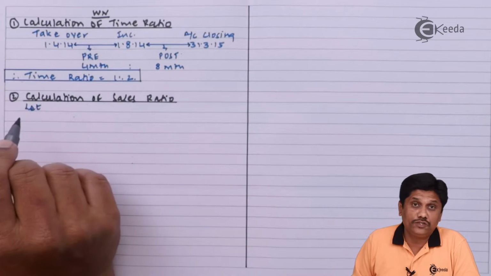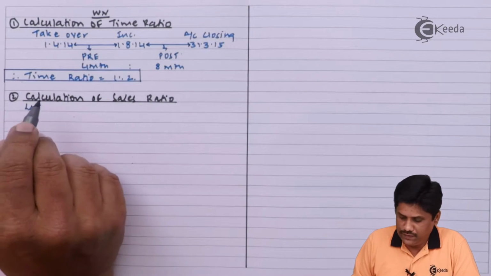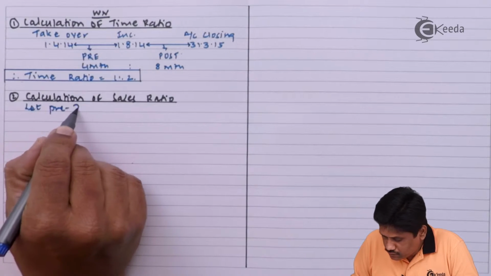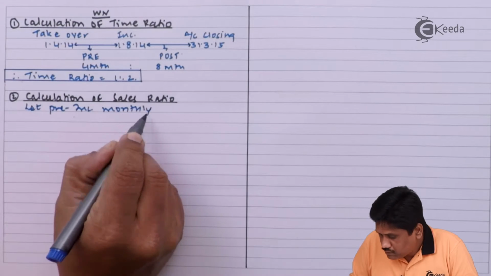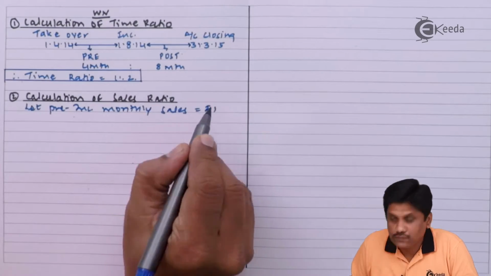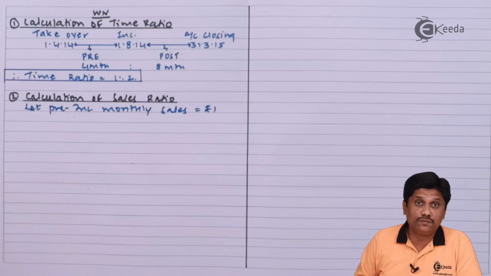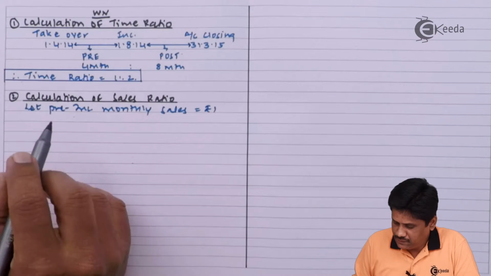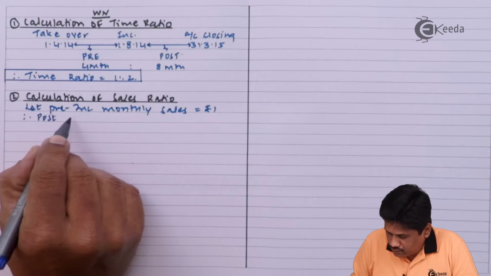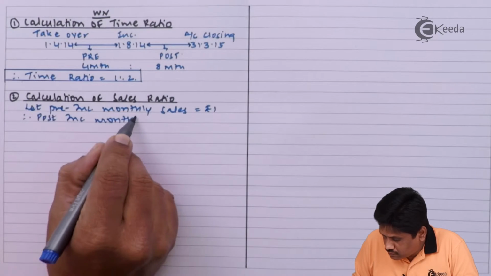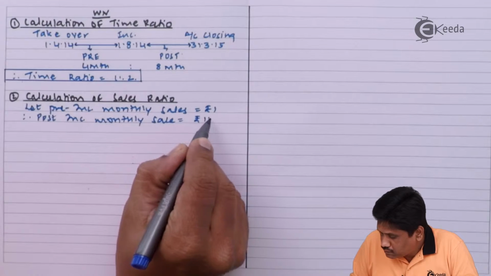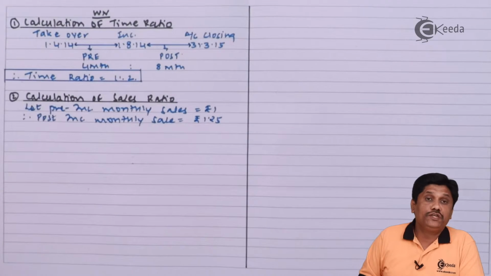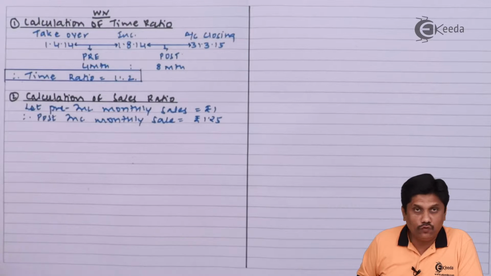Let pre-incorporation monthly sale be ₹1. They are saying sales increased by 25% monthly in post-incorporation period. So post-incorporation monthly sale will be 1.25.